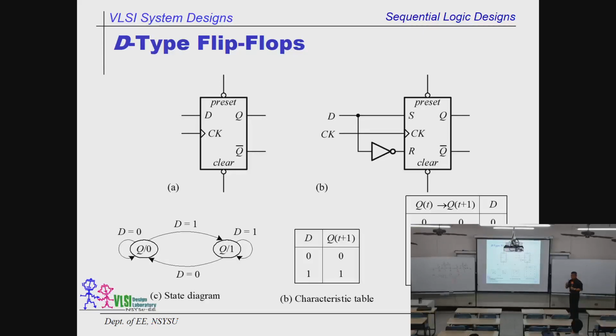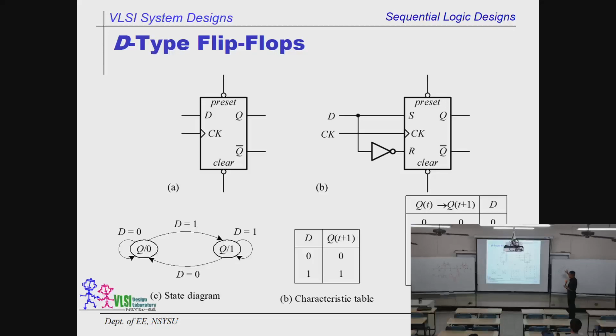Okay, if you see a state diagram like this one, for example, I use the D flip-flop as the same, and you have a state 0 and state 1. You have a state, and then the input, when the input is 1, this is the input, and there's a state output.